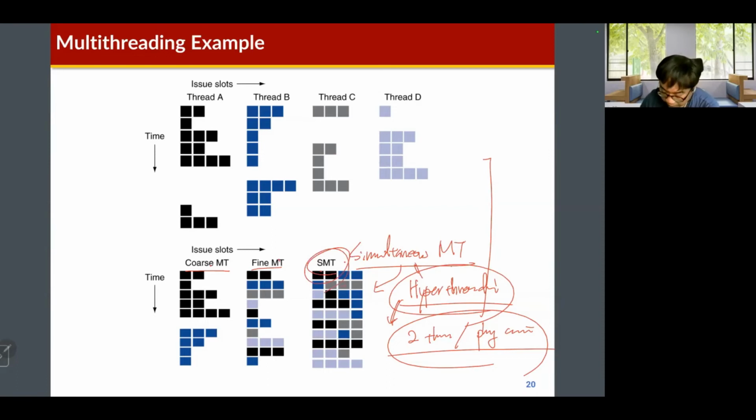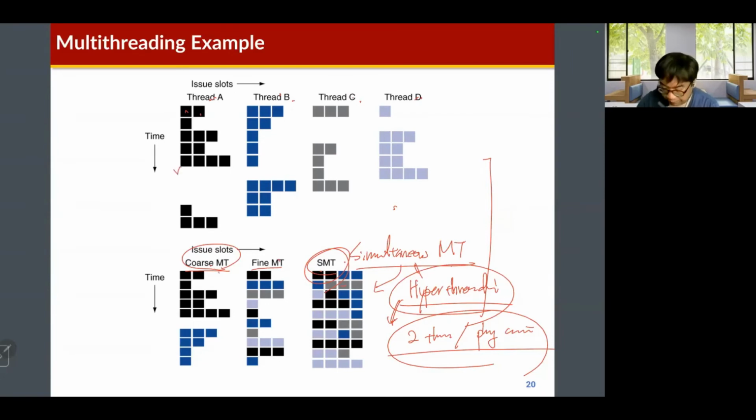Then what is different? These are the instructions in different threads: thread A, thread B, thread C, and thread D. When a processor supports hardware multi-threading, multiple threads can be executed in a single core. Coarse-grained multi-threading means that when a cache miss is encountered, the processor changes the executed thread. Here is the example.